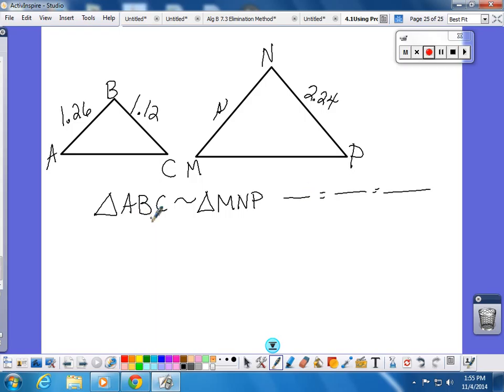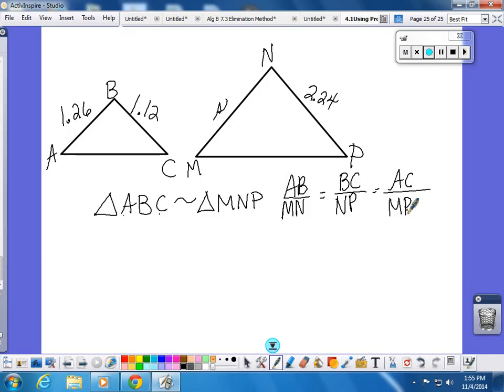So you take the first two there and the first two here. And then you go to the next two, BC. And over here you go to the next two, NP. And then you do first and last, and first and last.